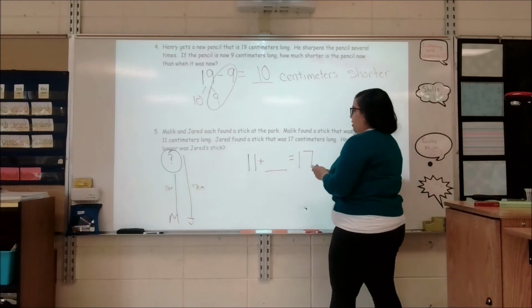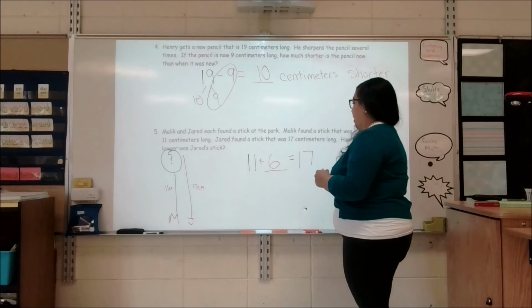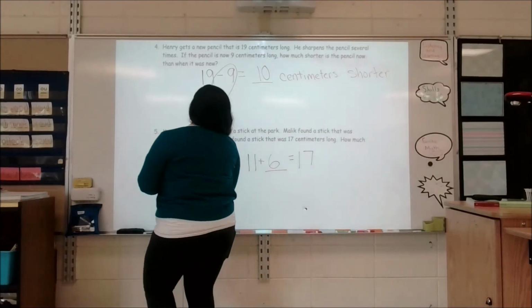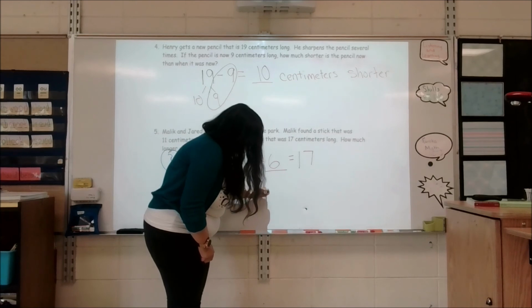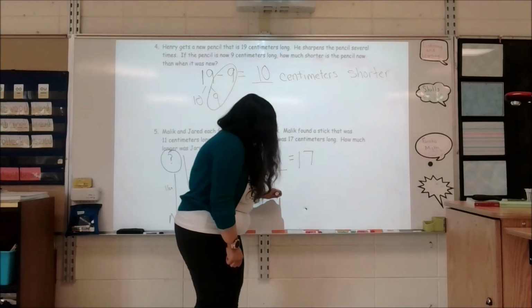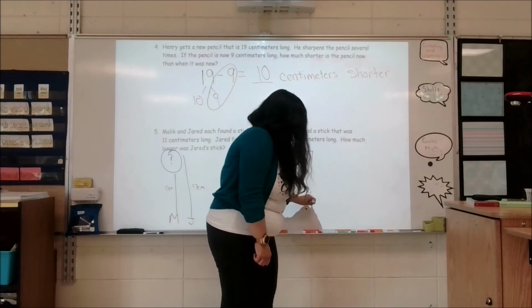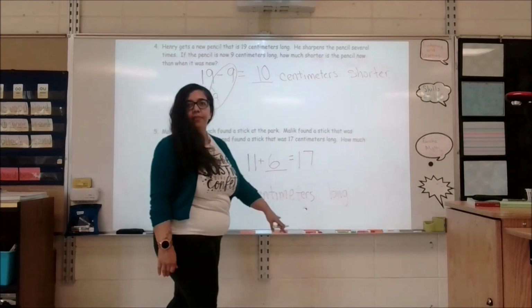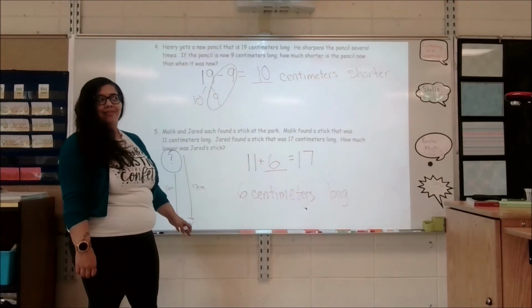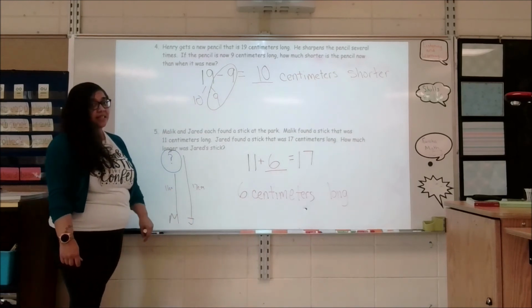6. Good. So for our word answer, we want to know that it is 6 centimeters long. Is that it? Am I done? No, I am not done, because nothing here was 6 centimeters long.